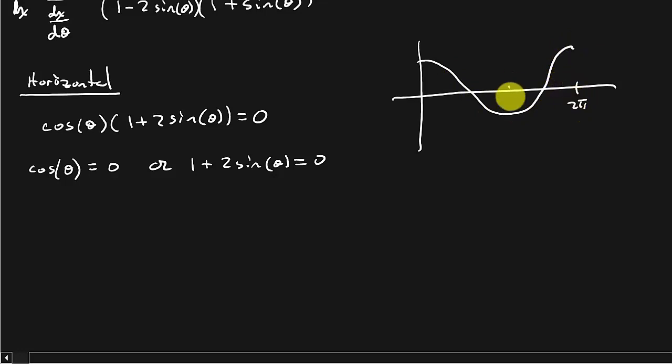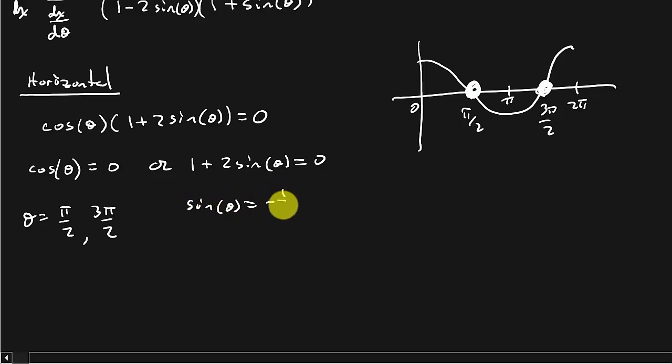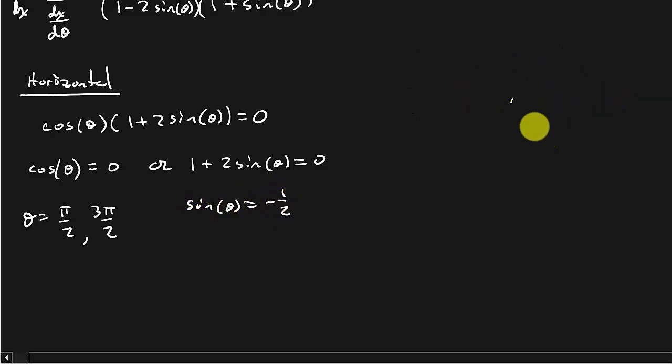There's 2 pi, there's pi, there's 3 pi over 2, and there's pi over 2, and there's 0. Well, where's cosine 0? It's 0 there and there. So here we get theta is equal to pi over 2 and 3 pi over 2. Man, how easy was that? All right, now let's do this one. So we've got to do sine theta is equal to negative 1/2. All I did is I solved for sine theta.